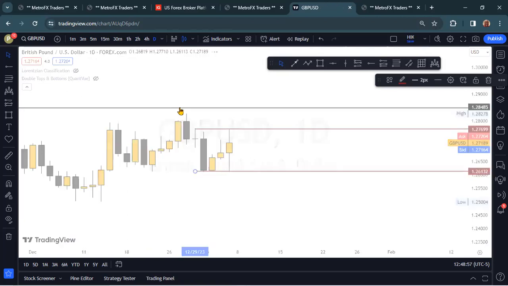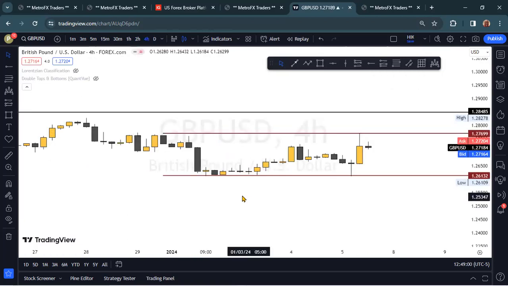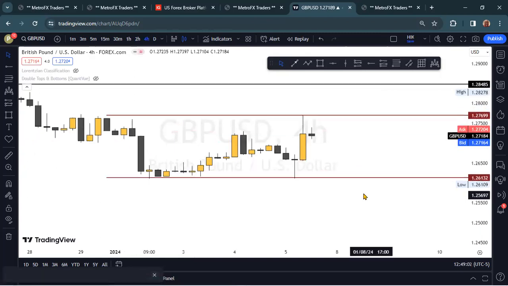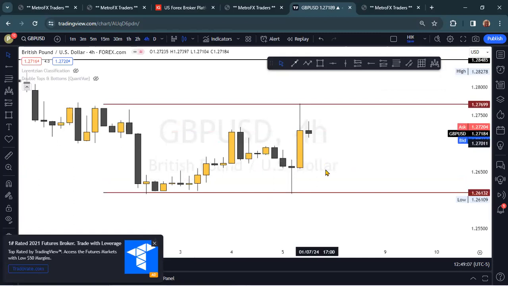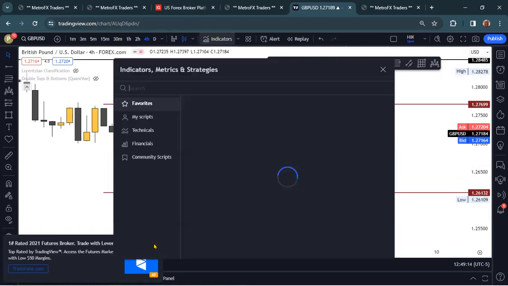So now we're going to go to the 4-hour. We're going to take a look to see, okay, where are we in the 4-hour? Are we on the top of the zone, the bottom of the zone, or in the middle of the zone? There's an indicator that I normally use that you guys want to get on your TradingView. You want to trade support and you want to trade supply and demand levels.